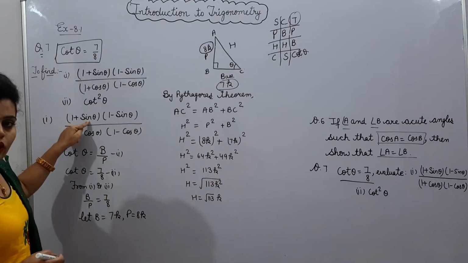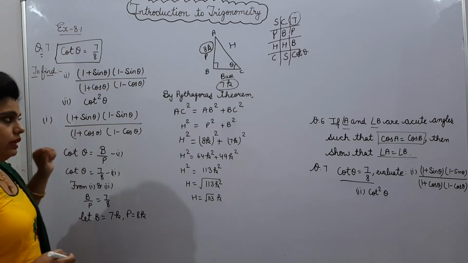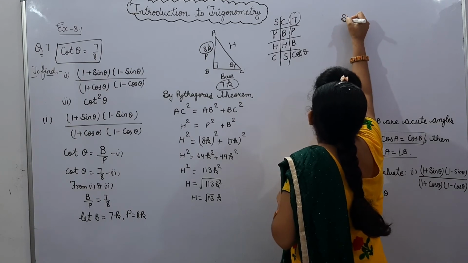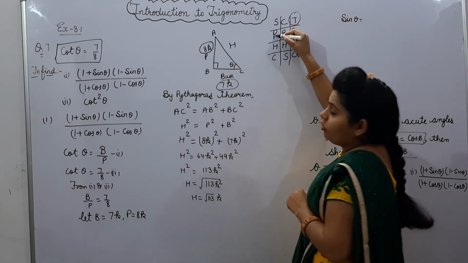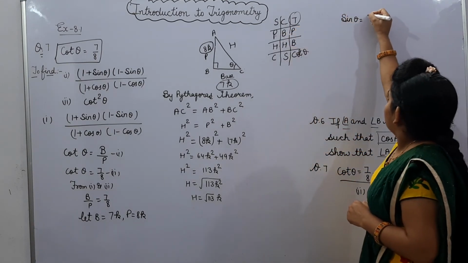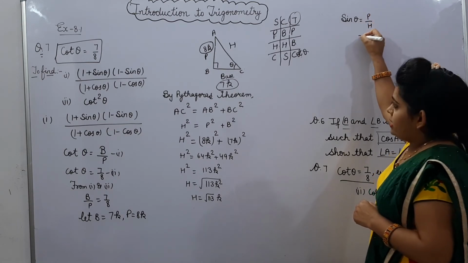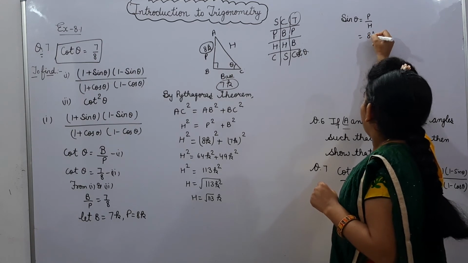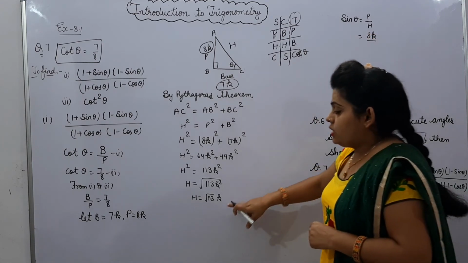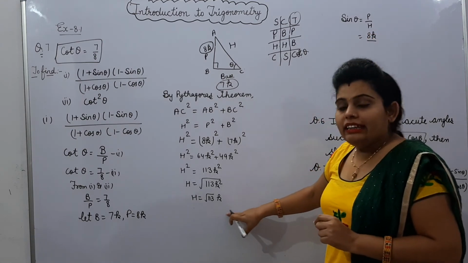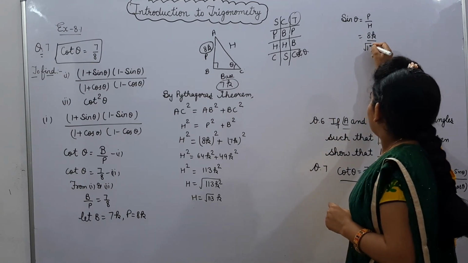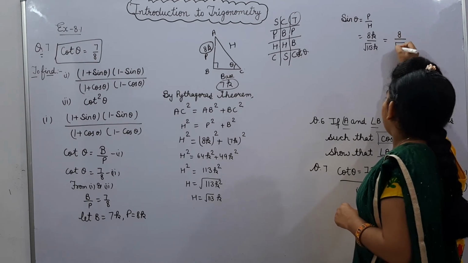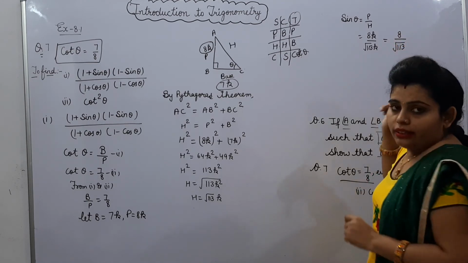Now what we have to find? We have to find the value of sin θ and cos θ. Sin θ is perpendicular upon hypotenuse, and in this case perpendicular is 8k and hypotenuse is √113 k. K cancels out, we will get 8 divided by root 113.